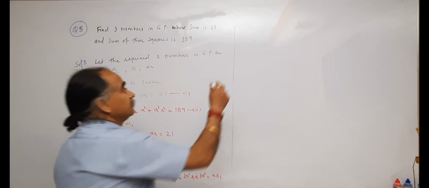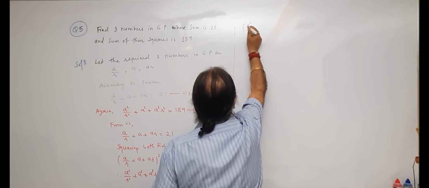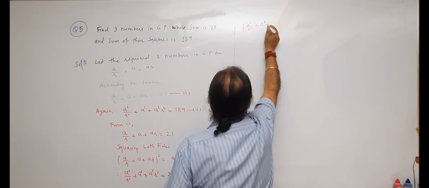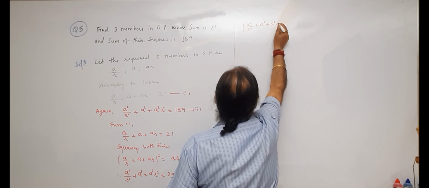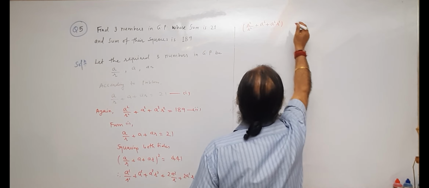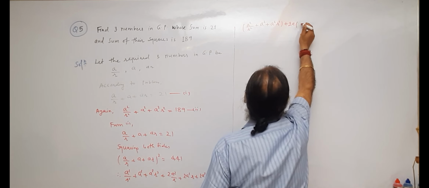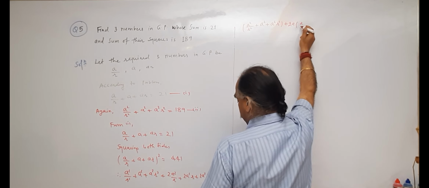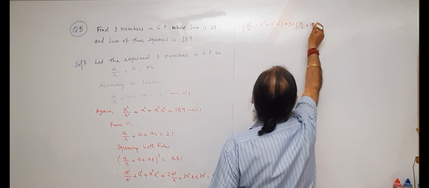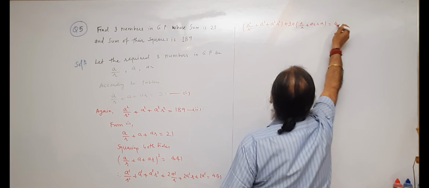Now we'll take the first three terms together: A square upon R square plus A square plus A square R square, plus, taking 2A common, 2A times (A upon R plus AR plus A) is equal to 441.